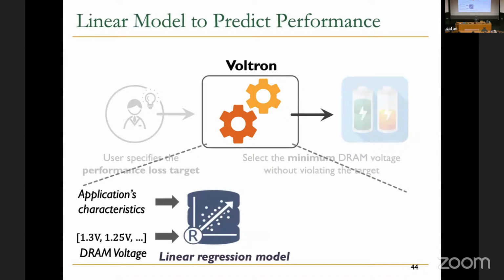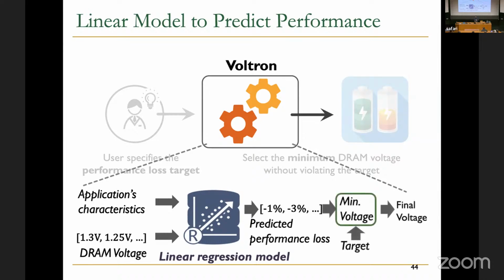This linear regression model gets the application's characteristics and the relation between different DRAM voltage settings and latency as the input, and then it predicts the performance loss based on whatever voltage you want to use, and then it chooses the minimum voltage that remains within that performance loss target.